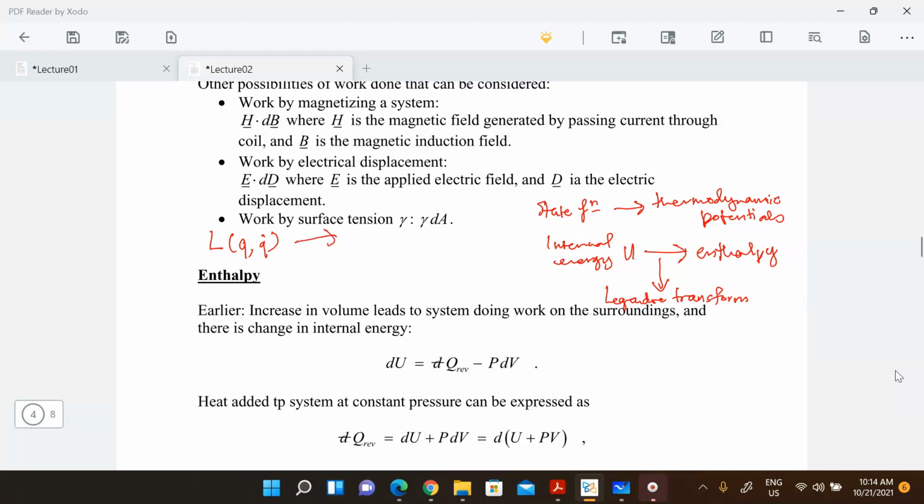Then you change it to Hamiltonian mechanics, which is a function of q and p. Changing from Lagrangian mechanics to Hamiltonian mechanics involves the Legendre Transform. The same thing happens in thermodynamics: you can change the state functions by changing the variables involved. Here it is q and q dot, here it is q and p.